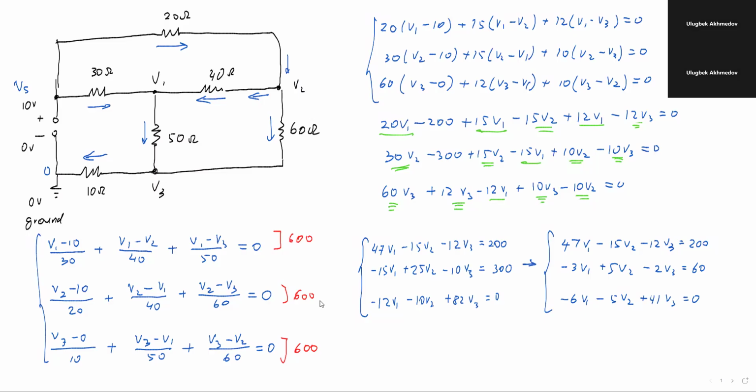So let's check the second equation. Something's off. For V2, we get 25. So let's see, 30 plus 10 minus 15, that's 45, not 25. Should be 50.